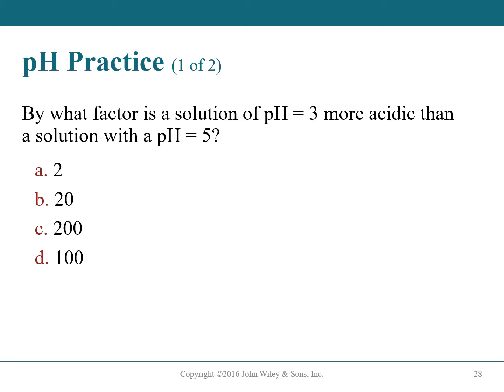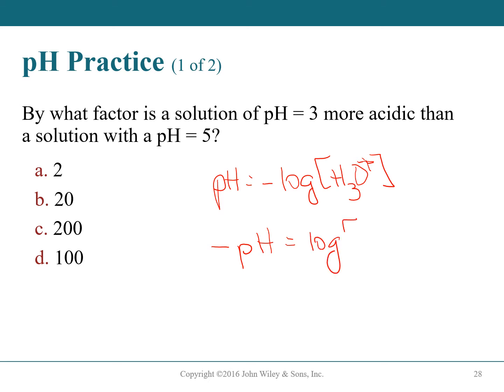So when we say by what factor, that means how many times you're going to multiply. So when we solve this, pH 5 and pH 3, the hydronium ion, let me just rewrite this a little. pH is equal to minus log of my hydronium ion. So if I rewrite this, negative pH is equal to the log of hydronium ion.